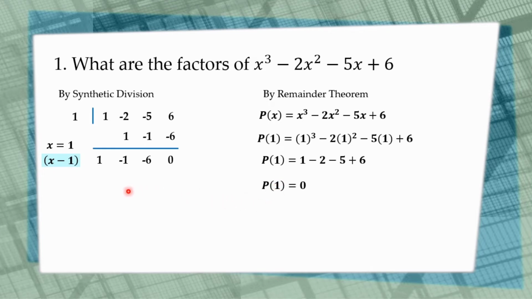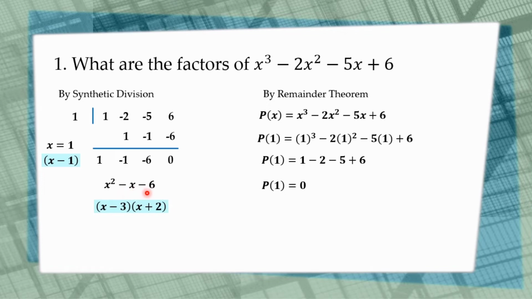Then, to find the other factors of the given polynomial, use the q of x from the synthetic division, x squared minus x minus 6. Since this trinomial is factorable, let us factor. Just get the factor of the first term, x squared, which is x, and the factors of negative 6, such that the sum is equal to the coefficient of the middle term, which is negative 1.